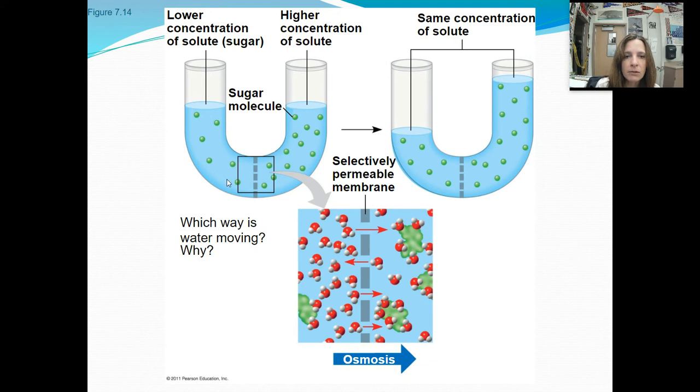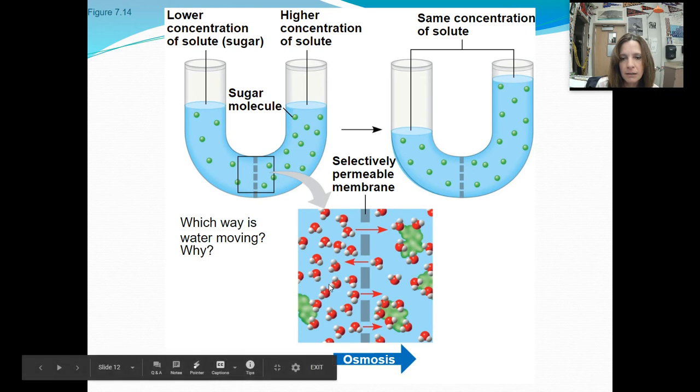So here is a YouTube video of that diffusion and osmosis challenge we did. The sugar molecules can't move across the selectively permeable membrane, but the water can. If you notice, the water is going to move from left to right, as shown here, because you have more solute and less water over here. So the water is going to balance out so that the concentration of the solute is the same.